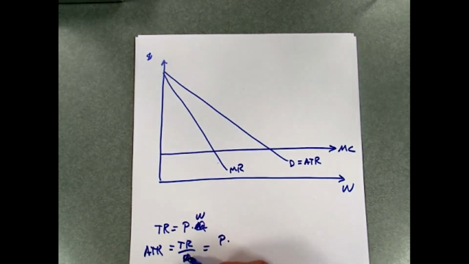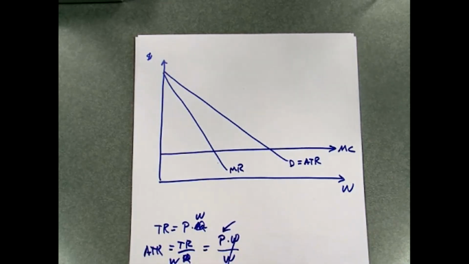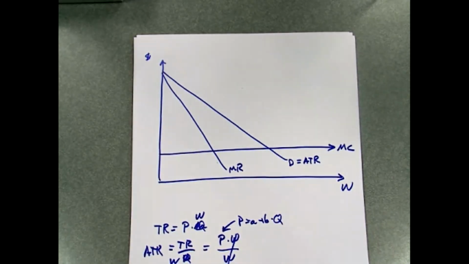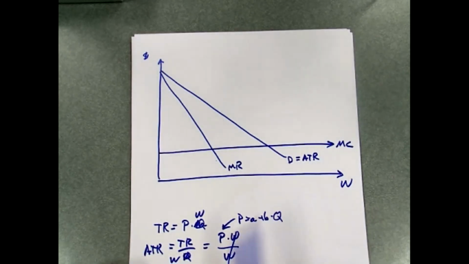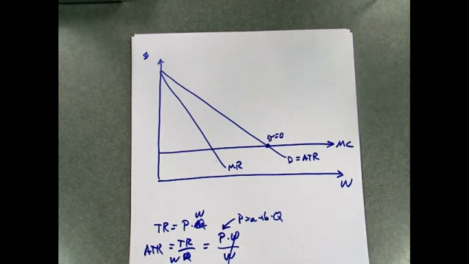I'm really thinking about the number of wins. I default to quantity sometimes. So I would have something like this, where this cancels, and the price is really, I could plug in my demand function. So really my demand curve becomes my average total revenue. And so that was another reason why we then wrote out profits and said this was going to be the point where profits were equal to 0.